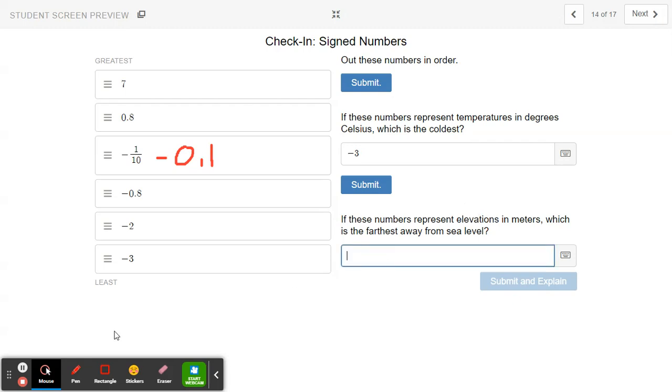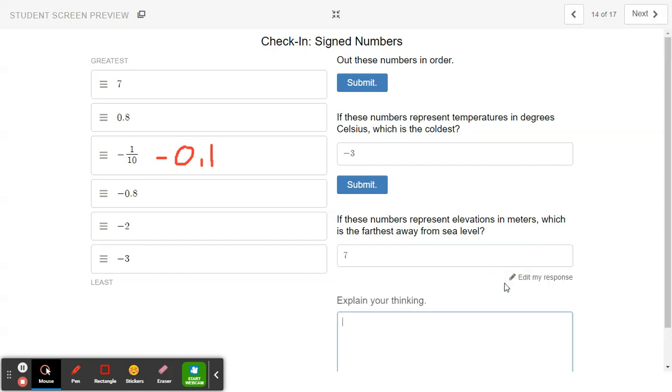Okay, so that answer is actually 7, right? Because 7 is farther from 0, which is sea level, than -3. -3 is only 3 meters away, whereas 7 is 7 meters away, right? And so I can explain that thinking there. And I'm just going to move on since I said it out loud.